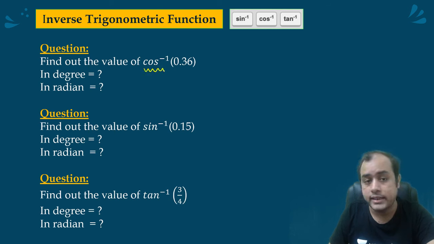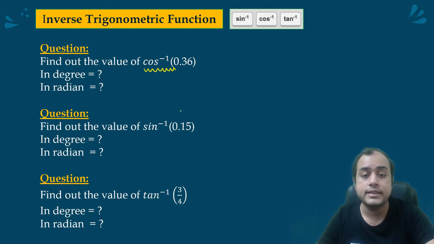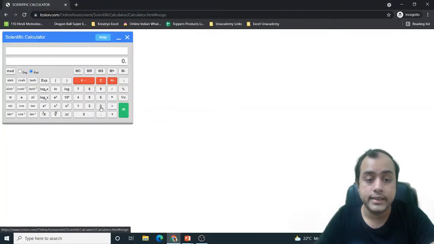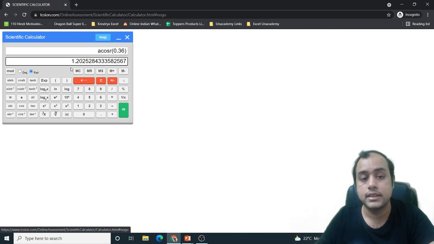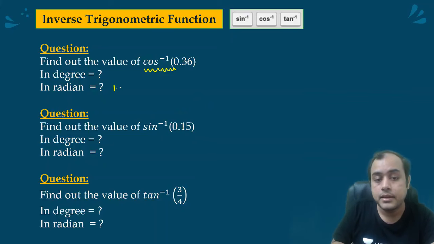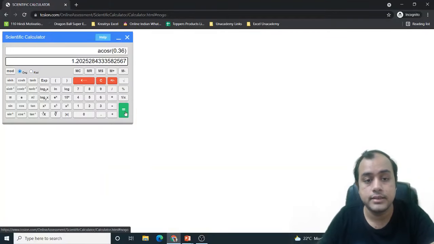Cos inverse 0.36. Now we will be talking about inverse trigonometric functions. So clear it, 0.36, then press cos inverse. It is in radian, 1.2025. Now what if I put it in degree? Does that change?